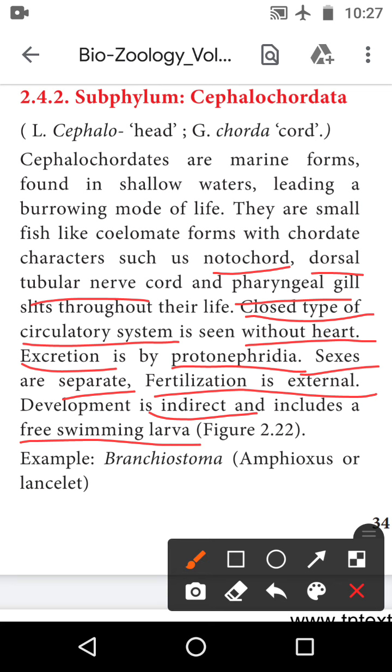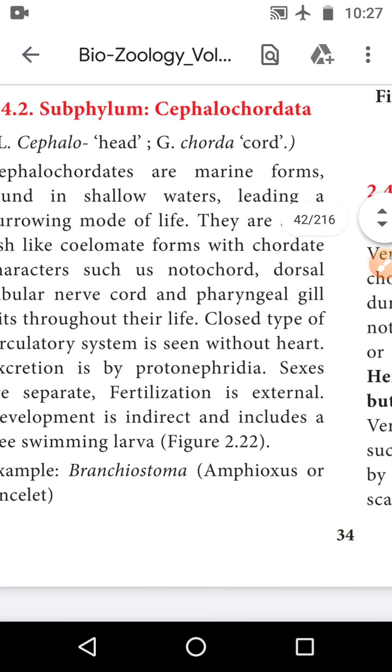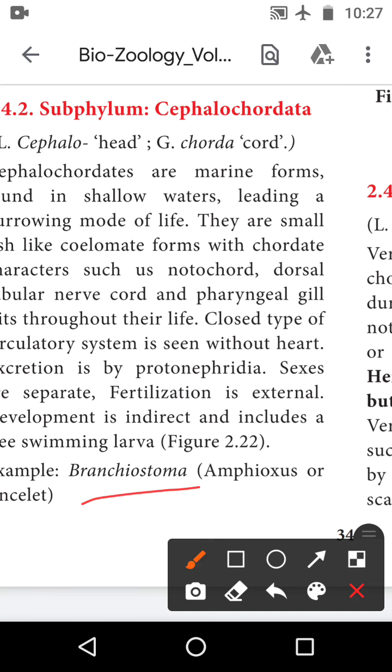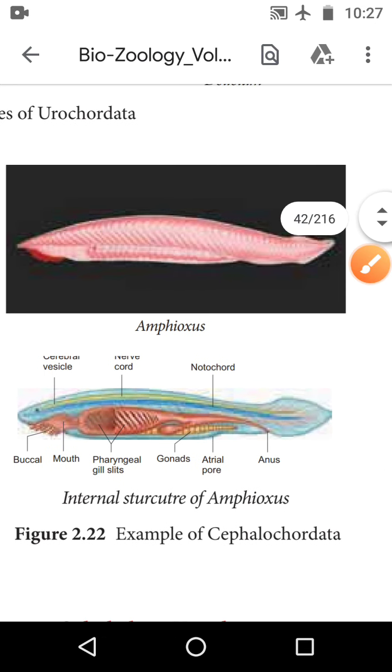So what are the examples of Cephalochordata? Amphioxus and Branchiostoma. All of you see the amphioxus. It has a fish-like structure. This also is a marine animal.